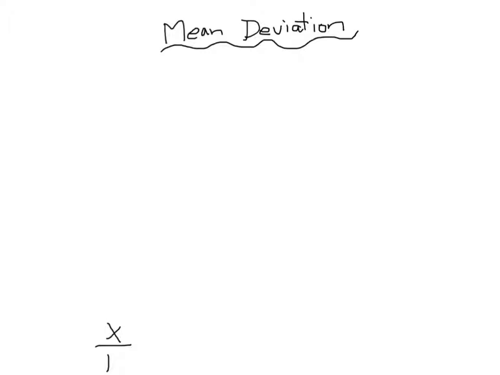Range just takes your highest and your lowest numbers, subtracts them, and says, okay, look, your highest and lowest numbers are separated by 20 numbers. Mean deviation is a little bit more complicated to calculate, but it actually gives us a much better picture. So mean deviation measures dispersion.